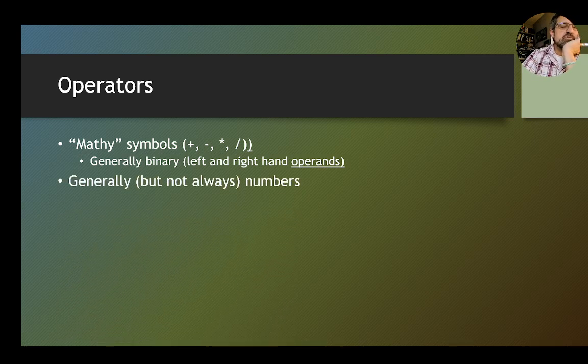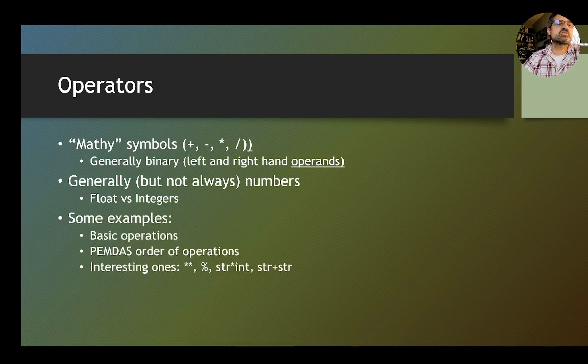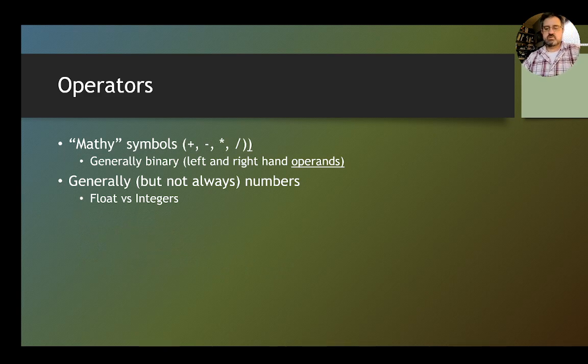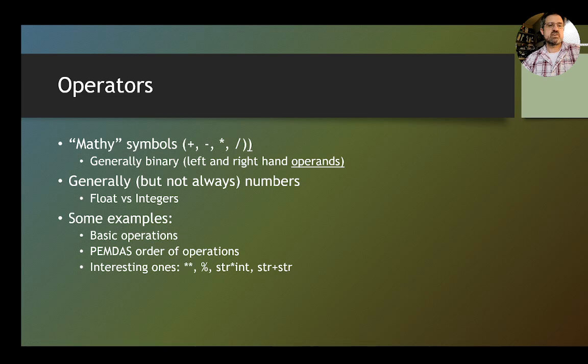Most of the time they are numbers, a lot of the time, but not always. And the type is important here too. Sometimes it makes a big difference if you get a float result versus an integer result. Let's try to illustrate some of those. We'll do a couple examples of basic math operations. If you're not familiar with the acronym PEMDAS, it's just the normal order of operations.